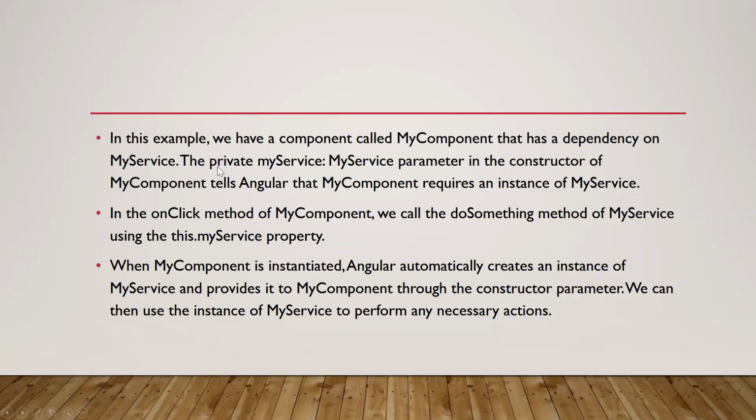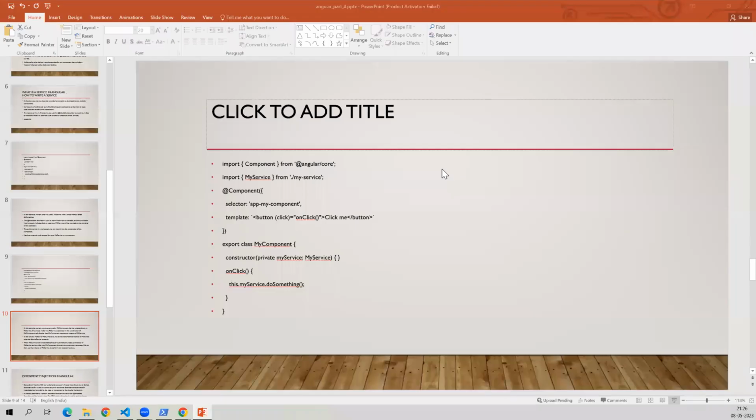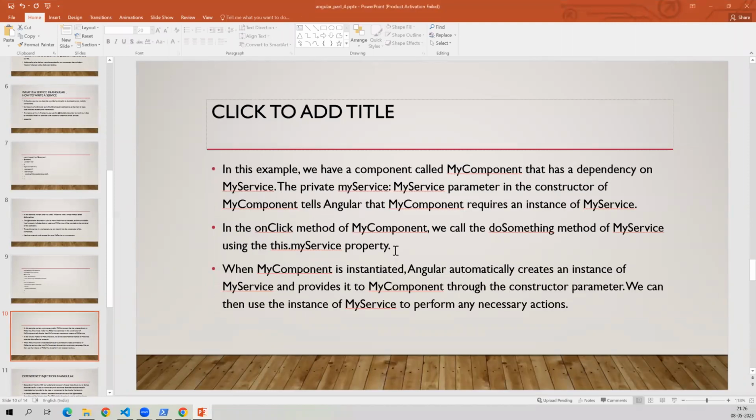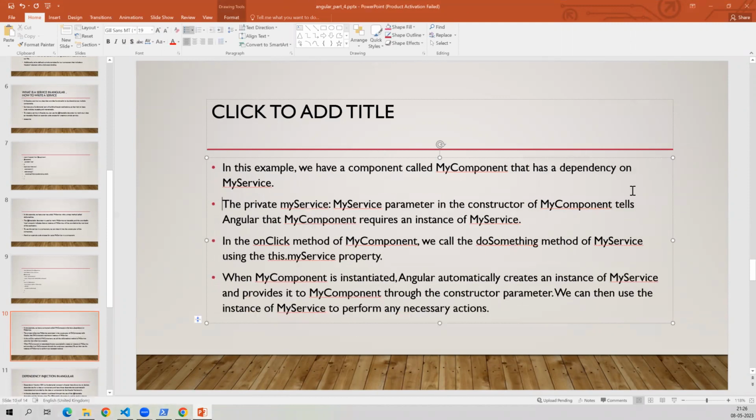So in this example, we have a component called MyComponent, and that has a dependency on MyService, the private myService. We are injecting it at the constructor level, meaning MyComponent requires an instance of MyService.